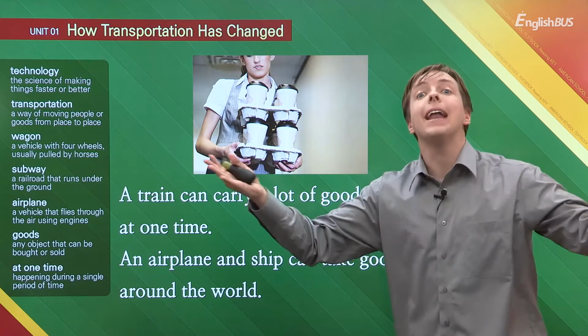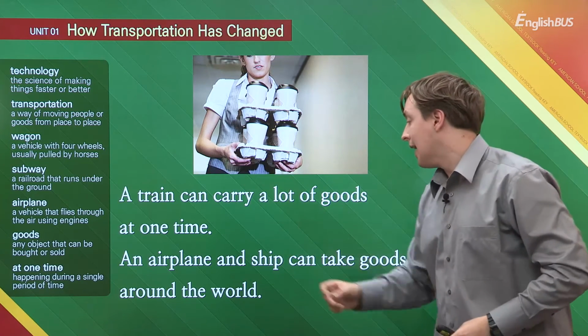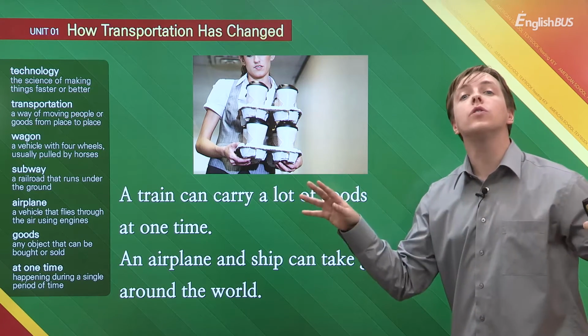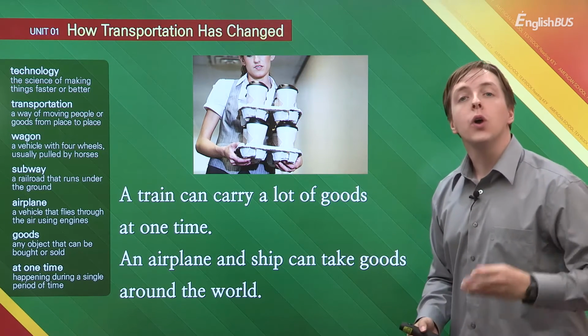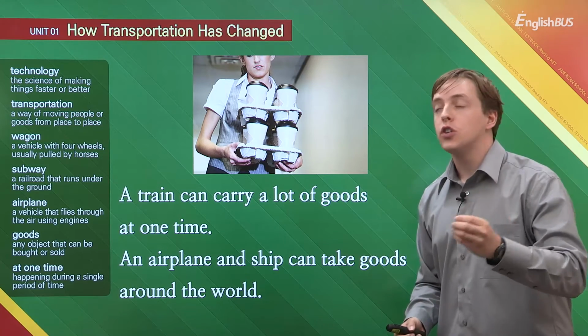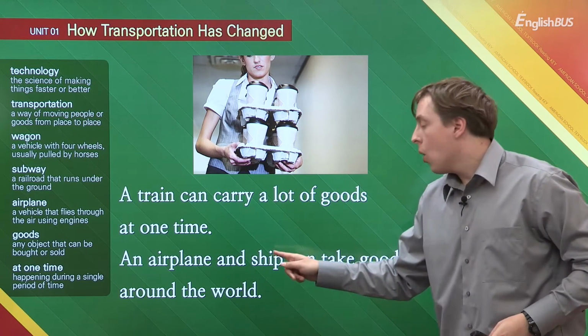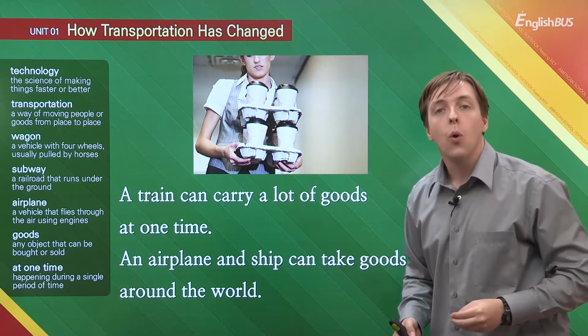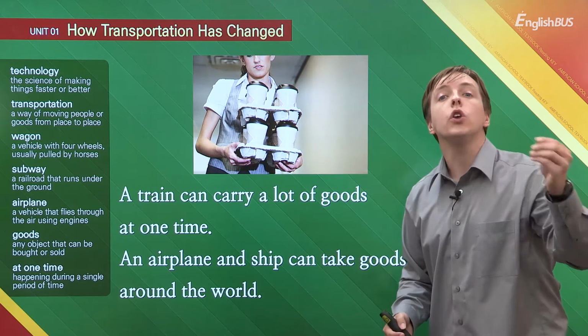It carries many goods. An airplane and ship can take goods around the world. So you might get goods shipped by an airplane or a ship from Korea to America or from China to Europe.